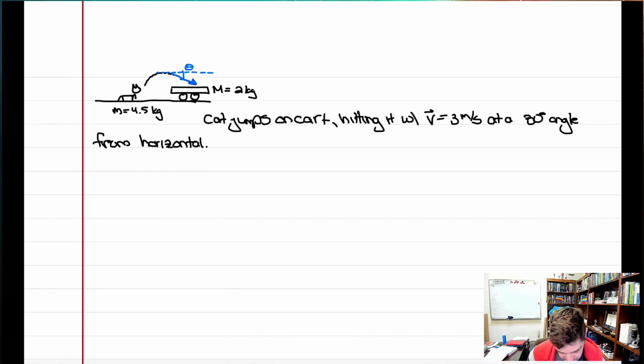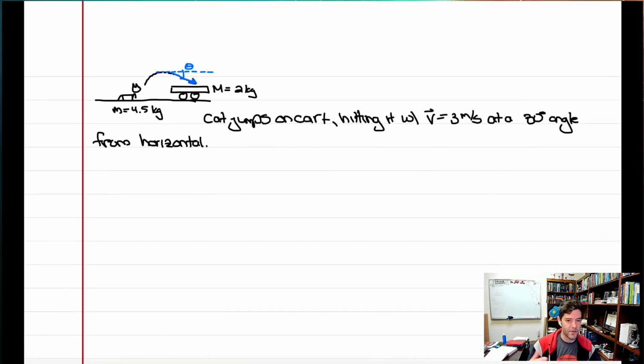So we have to ask ourselves, now of course we could do this with Newton's laws. When the cat touches the cart, there's an interaction of forces between the cat and the cart. One of those is cart on cat, or on cat from cart. That essentially has to act to slow the cat down so that it's stationary relative to the cart. And then there's also on cart from cat, which then acts to, as you can imagine, the result is they're both going to kind of move to the right.